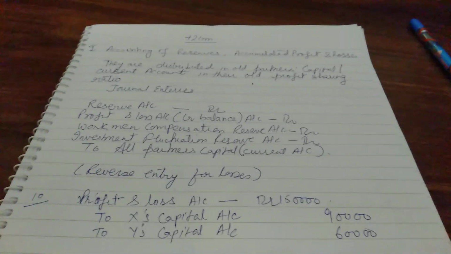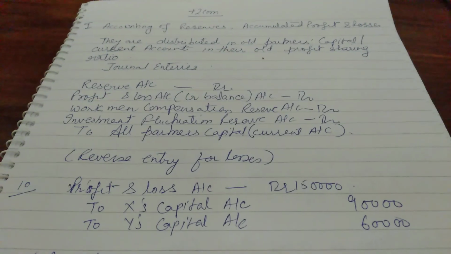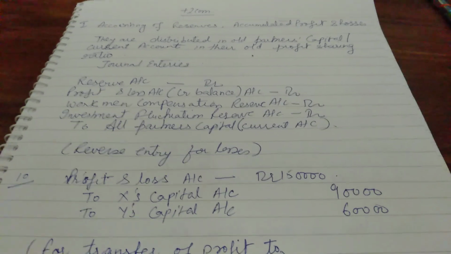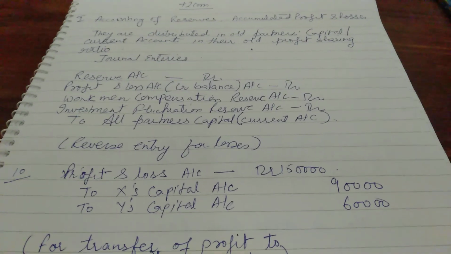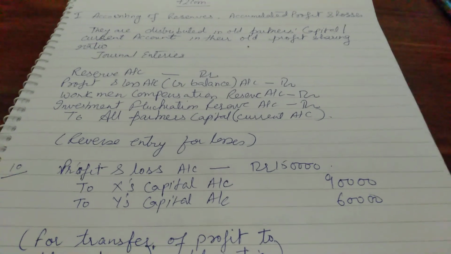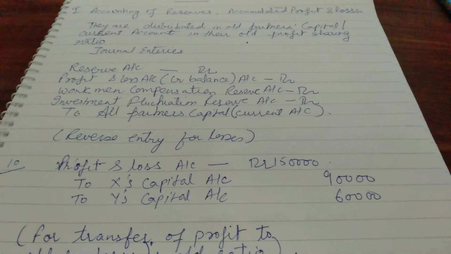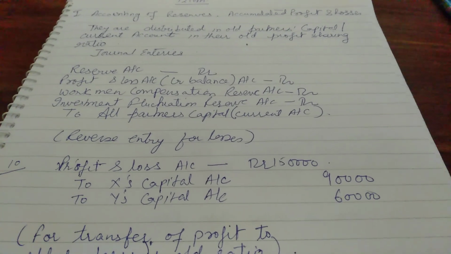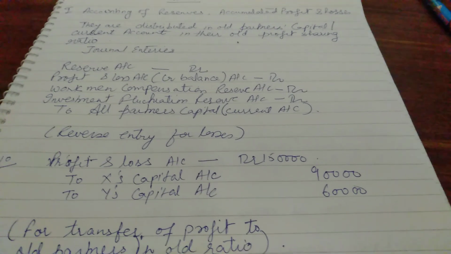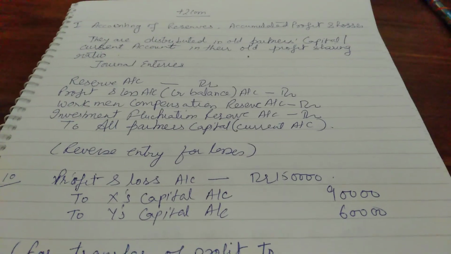Further, I have solved sum number 10 from your book, where profit and loss credit balance was given as 1,50,000. X and Y were earlier sharing profits in the ratio 3:2. Now they decided to change their profit sharing ratio. They decided to share equally. So we have to adjust this profit and loss.